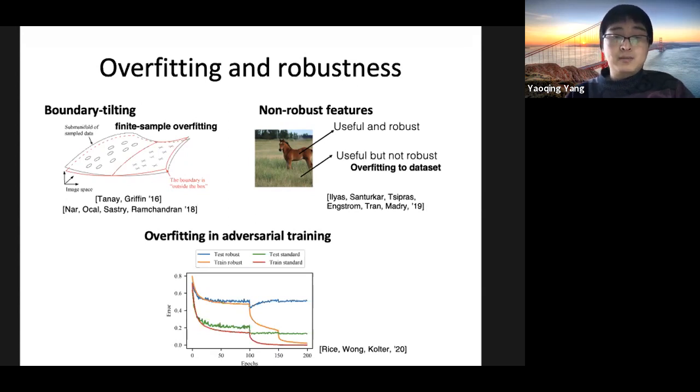But this paper, shown at the bottom of this page, shows that the adversarial training procedure can lead to overfitting. If you look at this blue curve, you can see that after epoch 100, the test error actually goes up, which is to say that if you continue to train a neural network, you're likely to overfit.